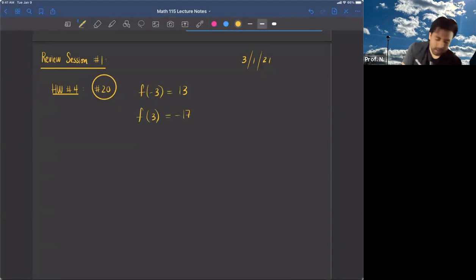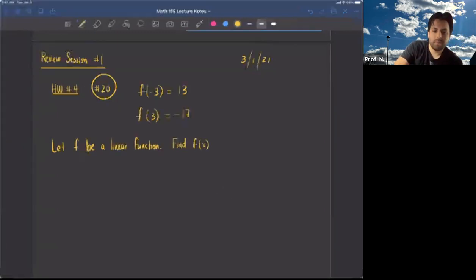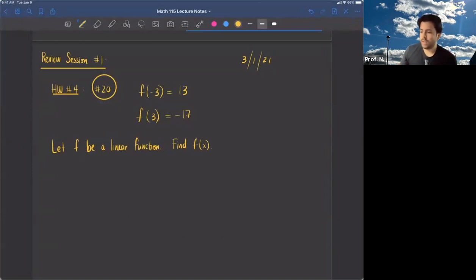And then it says, let f be a linear function and find f of x. So I have a linear function.